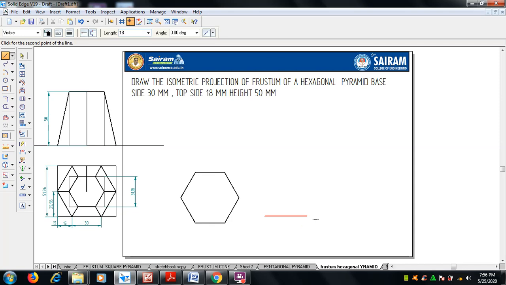An 18 mm hexagon: 18 mm at 0 degree, 18 mm at 60, 18 at 120, 18 at 180, 18 mm at 240, 18 at 300, right? So now we have drawn these two.